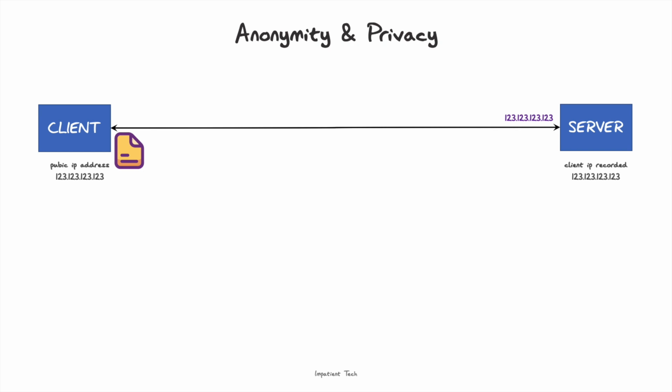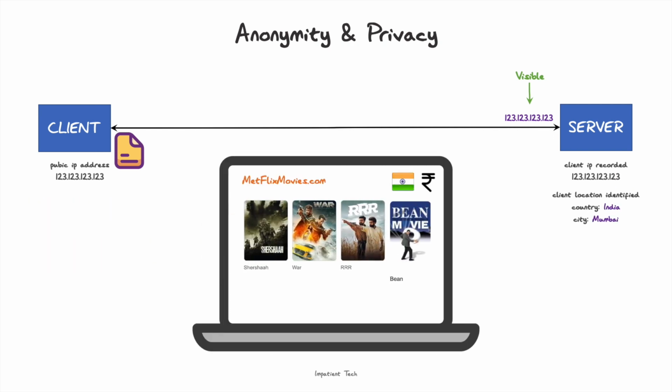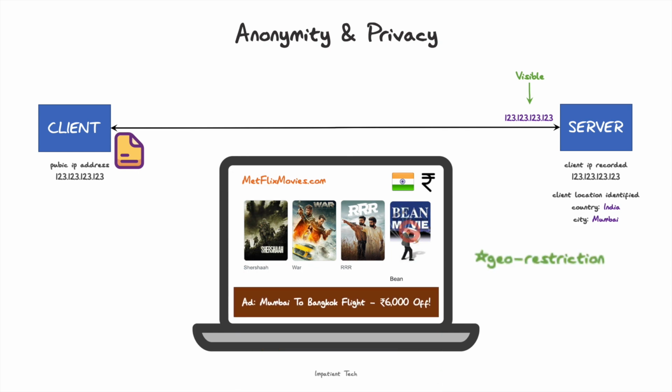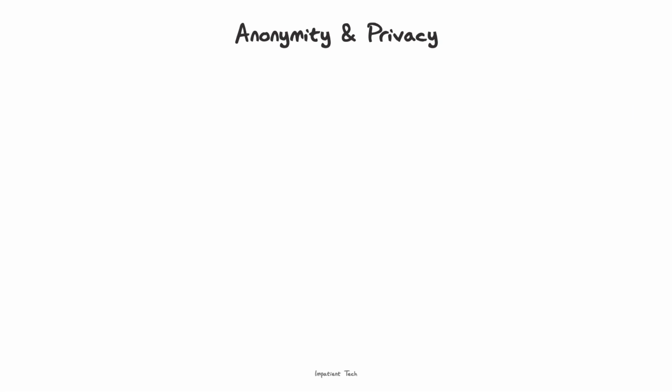Without the use of a proxy server, the client's IP address is visible to the server. The server can use the client's IP address to determine the client's location, which can be used for content personalization, targeted advertising, geo-restriction, and much more.